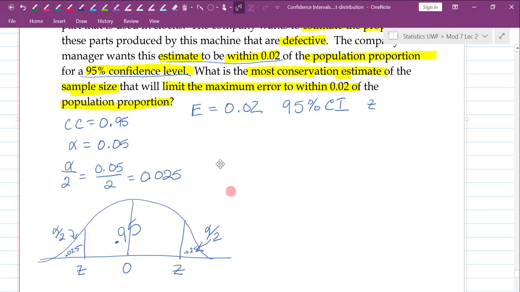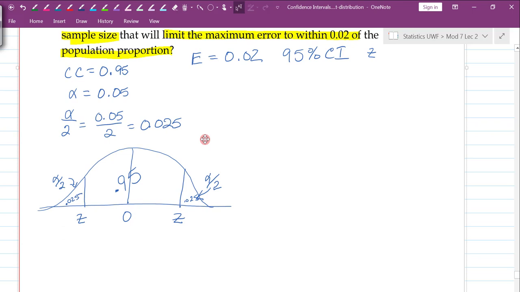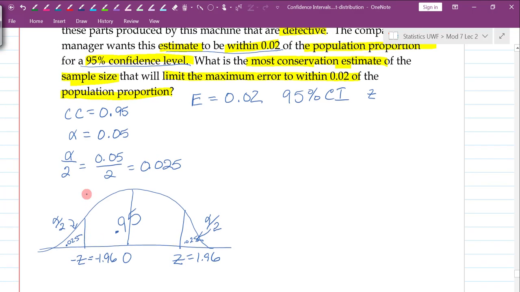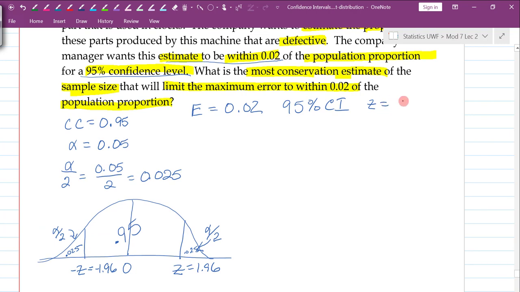So we know that we want to be 95% confident of our results. So we're going to have a negative z, which is negative 1.96, and then positive 1.96 standard deviations from the mean is what we're going to be looking for. So we know that z is equal to 1.96.